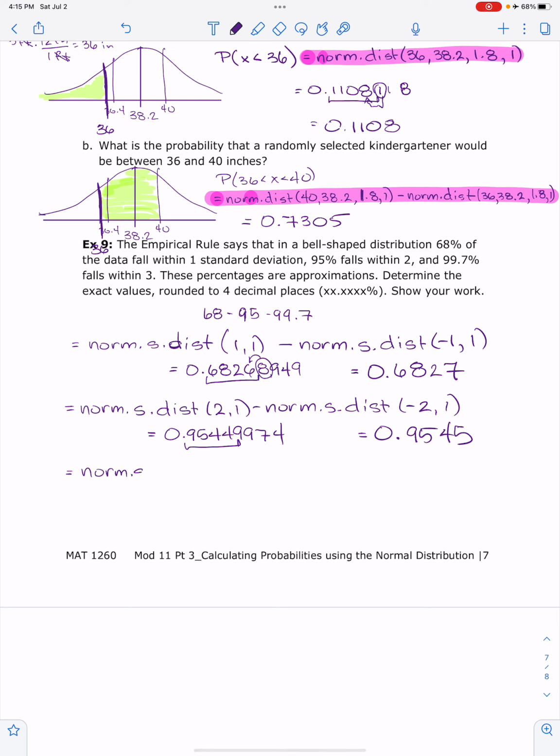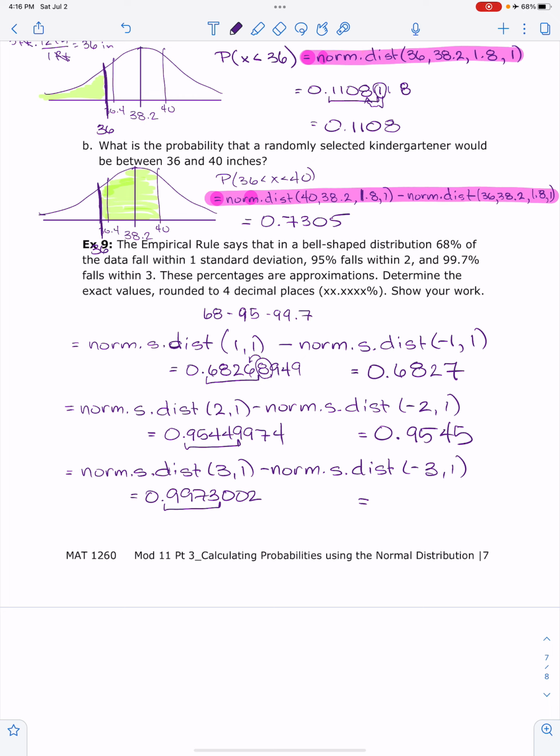And so our last, 3 standard deviations from the mean. So 3 above, minus 3 below, again to 4 places.